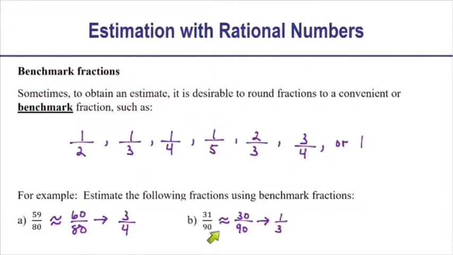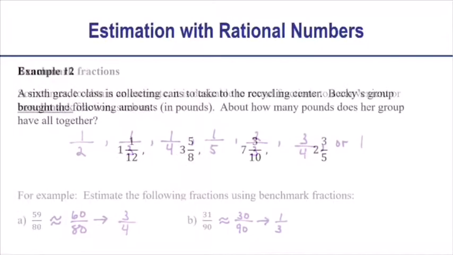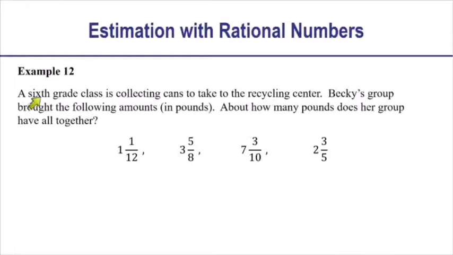So 31/90ths is very close to 1/3. And it would be much easier to do mental math with these rounded fractions than it would be with these fractions that have these huge denominators. You're not going to be able to do much in your head when the numbers are that big and that hard to work with.